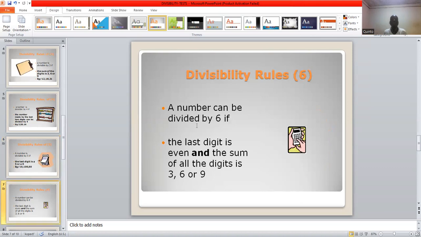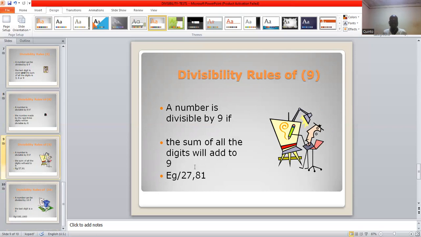A number can be divided by 6 if the last digit is even and the sum of all the digits is 3, 6, or 9. For example, 27. The sum of all digits is 9 and it can be divided by 9.